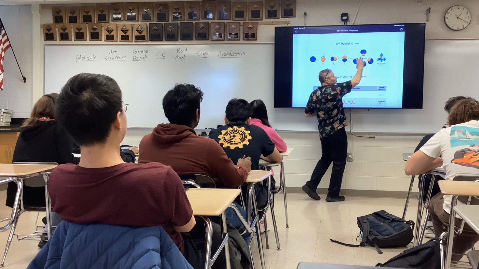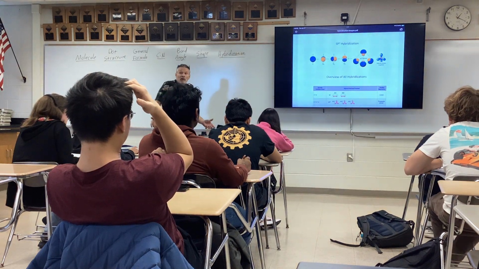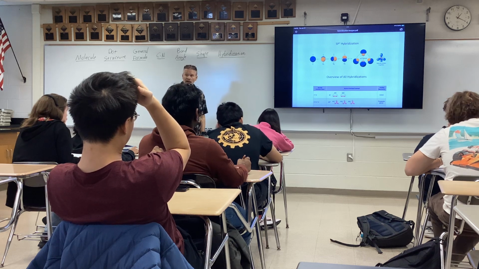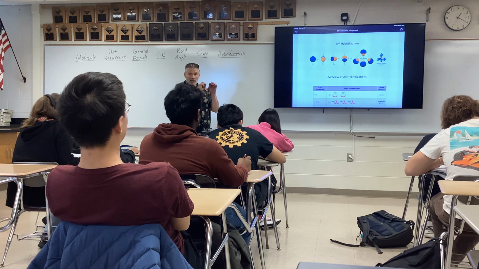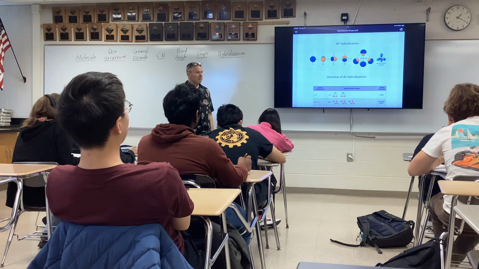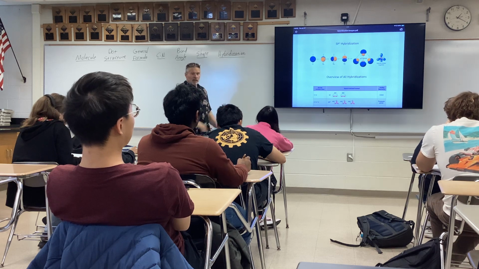I get these 4 hybridized orbitals. And how do you separate them as far as possible? At the equal, 109.5 degrees. And you need a hybridized orbital if you're attaching to an atom or if you have a lone pair. Attached atoms and lone pairs have to be in a hybridized orbital.